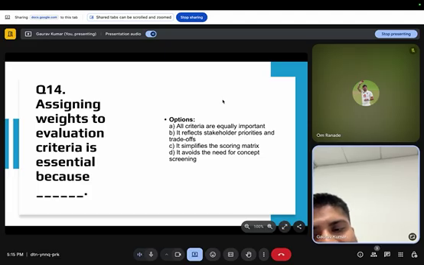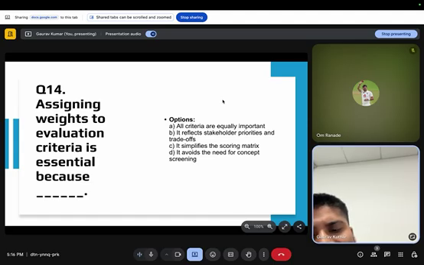So option A, all criteria are equally important, contradicts empirical reality. Criteria rarely share equal significance. Option C, it simplifies the matrix, misinterprets the purpose; weighting increases, not decreases, analytical precision.